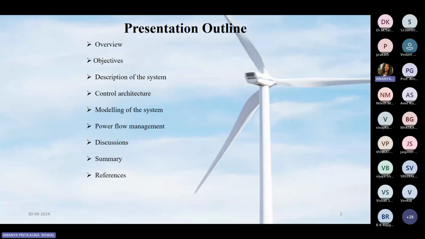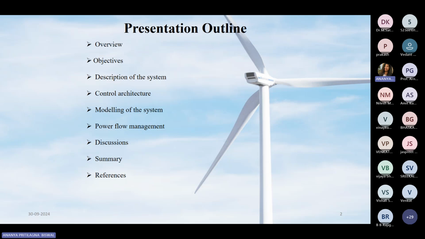This is the outline of my presentation, starting from the overview, further the objectives we are going to achieve. Description of the whole system is given by the basic block diagram. Control architecture for proper power management among the sources like PV, biomass, pico hydro, and the energy storing device, that is the battery.